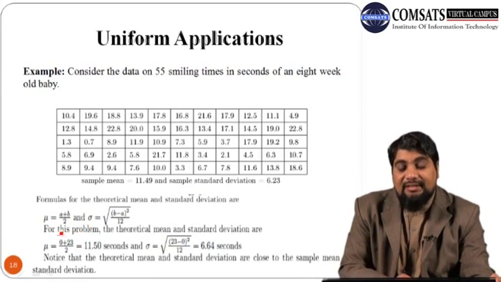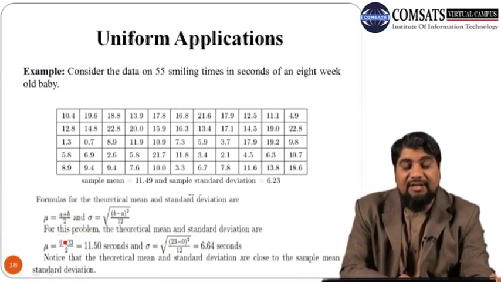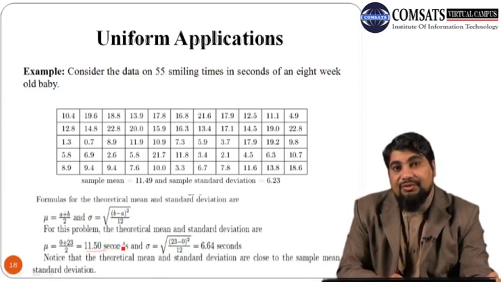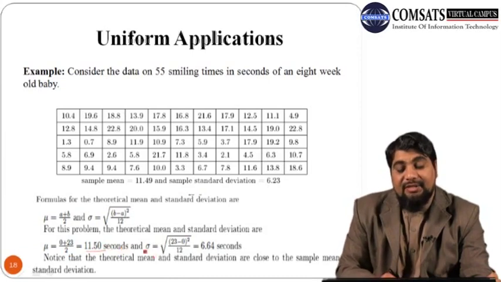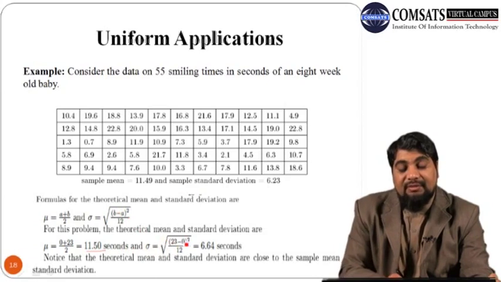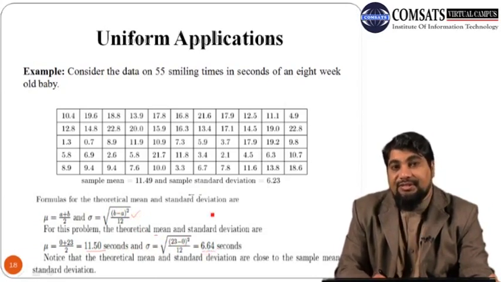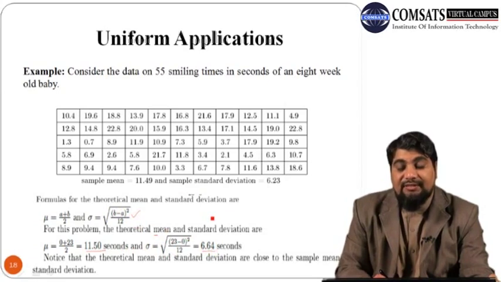As far as this current situation is concerned, just replace A by 0 and B by 23. So 0 plus 23 by 2, we get 11.50 seconds, which is the theoretical mean of this uniform distribution. And similarly, replacing B by 23 and A by 0 in the formula of standard deviation, we get the standard deviation, which is 6.64 seconds.